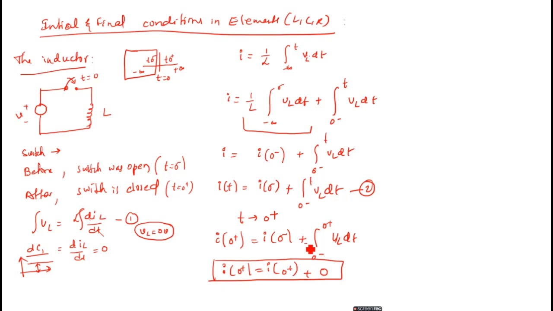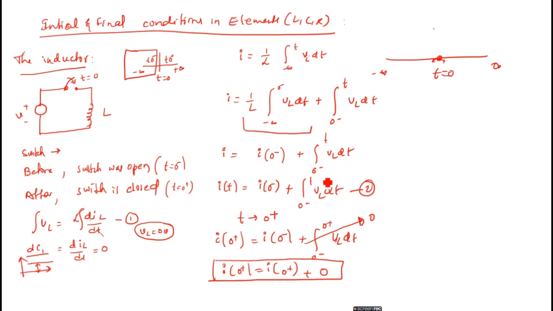I have replaced this integral with 0 because it is the time interval from 0 minus to 0 plus. Consider this as a graph with reference t equals 0, plus infinity and minus infinity. This is the time interval immediately before and after switching. It is in terms of microseconds or nanoseconds.